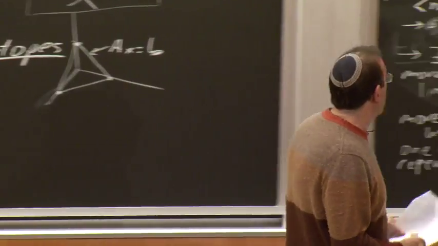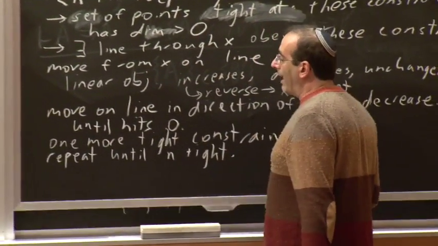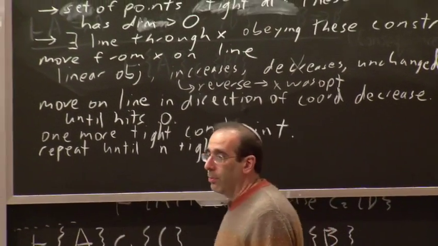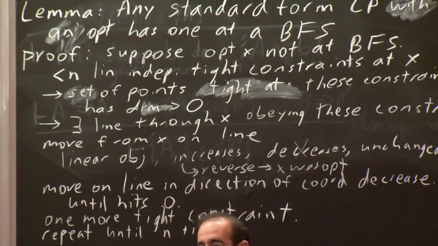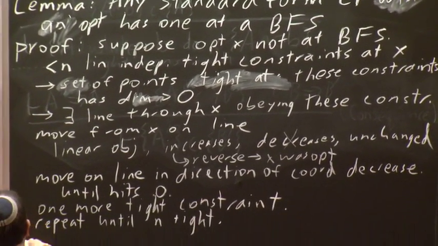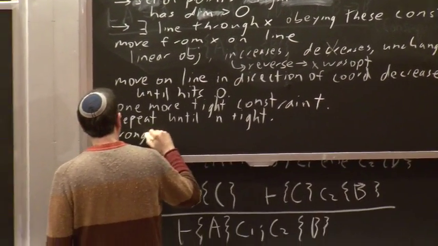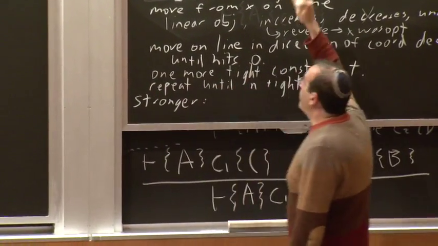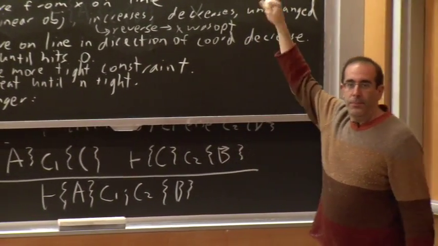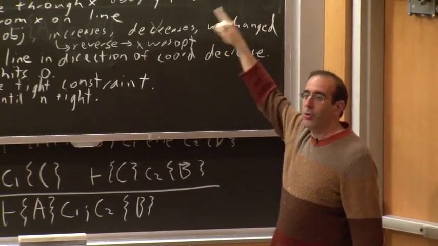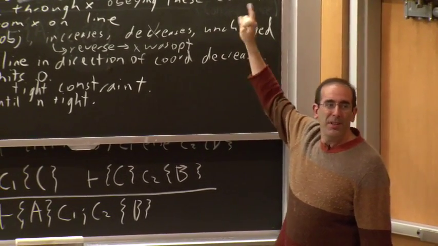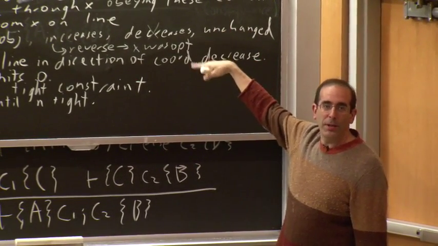Now, if you look a little carefully, we've actually proven something a little bit stronger, which is useful in the algorithms that we're not going to get to today. Because what we've given here is an algorithm. We've constructed a basic feasible solution from any point.